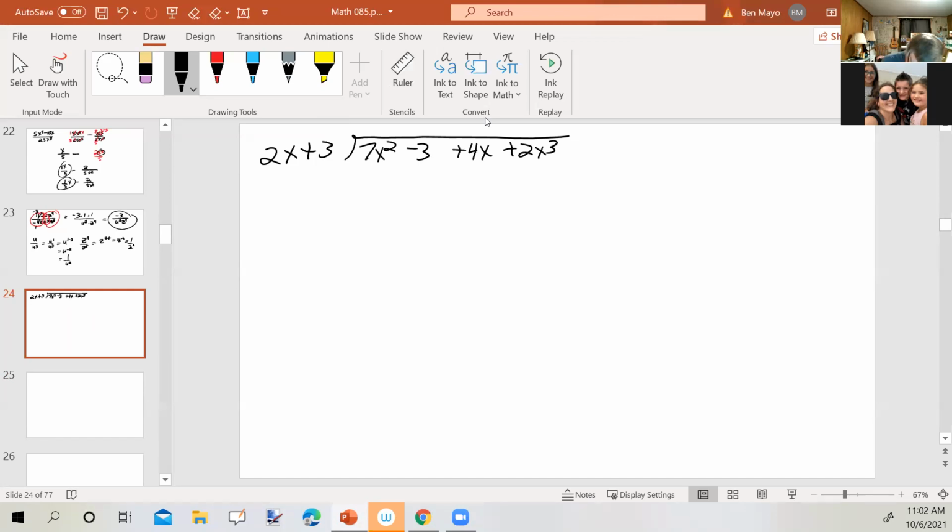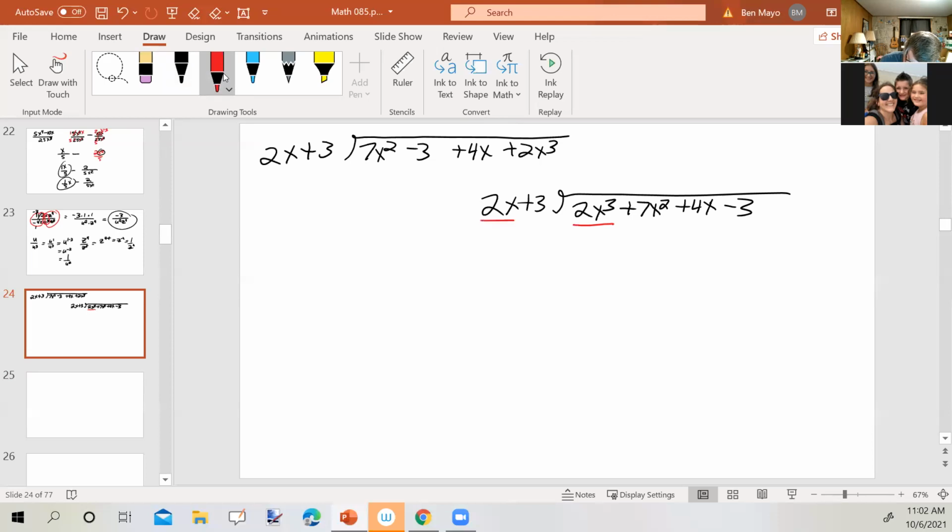So on the outside, we've got 2x plus 3. On the inside, we don't have any missing powers, but it's not in descending powers. So 2x cubed plus 7x squared plus 4x minus 3. And now we're ready to get going.